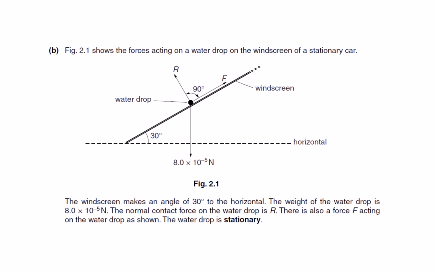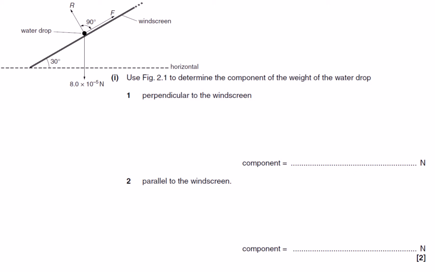So let's have a look at what they're going to ask us next. What we've got to do is use our figure 2.1 to determine the component of the weight of the water drop that is perpendicular to the screen and parallel to the screen. So let's just draw out my weight. So I have the weight acting down there, and it's asking us to look at it in terms of its two components.